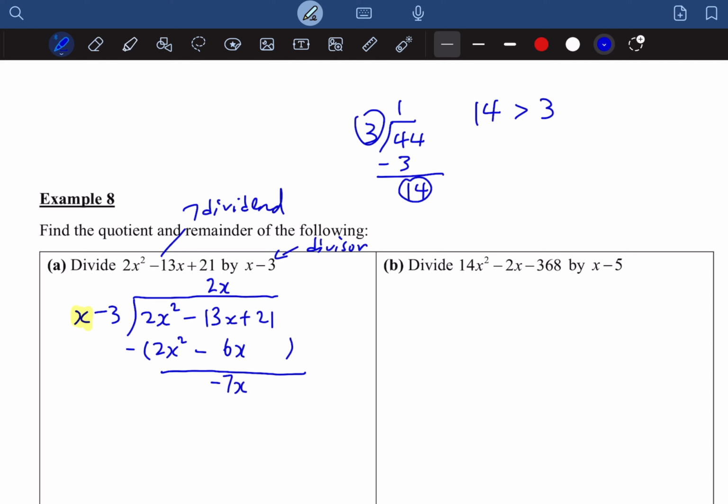For algebraic expressions, how do you know when to stop? When the degree of the current expression is smaller than the degree of the divisor, then we stop. Here, the current expression negative 7x plus 21 has degree 1, but the divisor x minus 3 also has degree 1. When the degrees are the same, we have to continue. The remainder degree must be less than the divisor's, then we can stop.